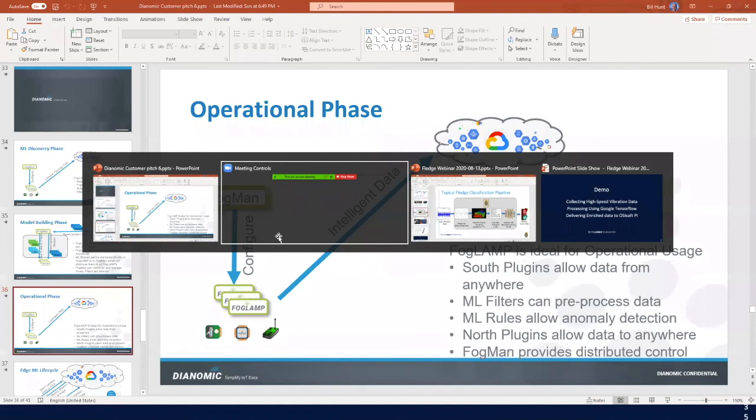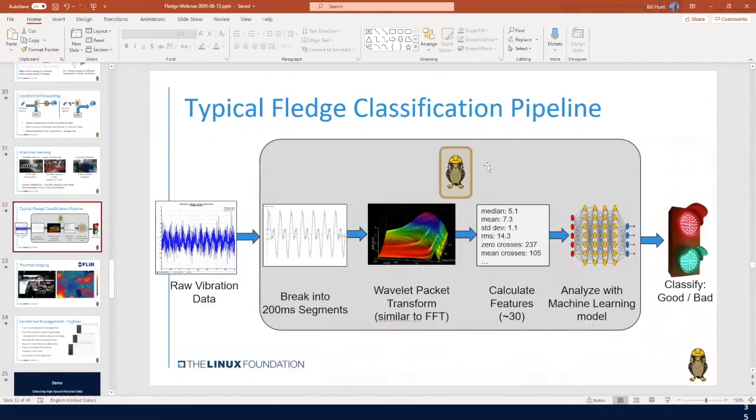A couple people asked questions about how we actually did what Ashwin just showed. I don't want to spend tremendous time on this, but I'm happy via email to talk to anybody in any detail. But what happened was the raw vibration data came in. I'll start with how it actually worked in the demo, and then I'll walk back to how it was trained.